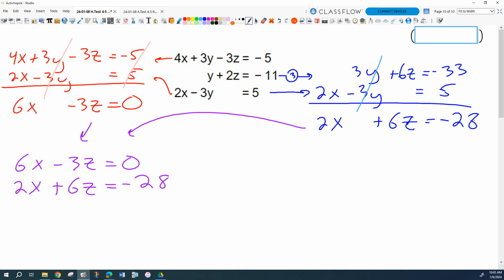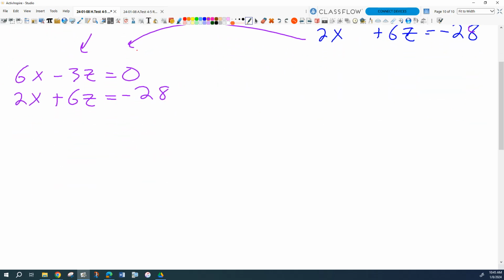That's supposed to be an 8. And I'd probably multiply the top one by 2, so I can cross out the z's. Make sense? So you guys are saying you could have made those simpler.